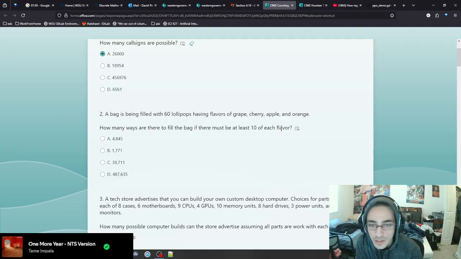So, I was trying to do this. I thought there would be 40: 10 grape, 10 cherry, 10 apple, 10 orange. That's 40 right there, so that's out of the way. And then you have 20 left, 20 more lollipops to choose.